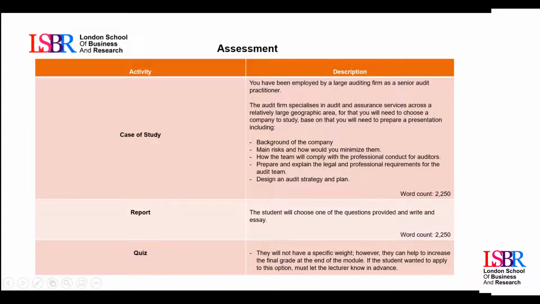The second part of the assessment will be the report. In this report, basically, you need to choose a question. I'm going to provide a set of questions, and you need to choose one question and write about it. You need to contrast ideas, and at the end you need to conclude what your position is on this question.